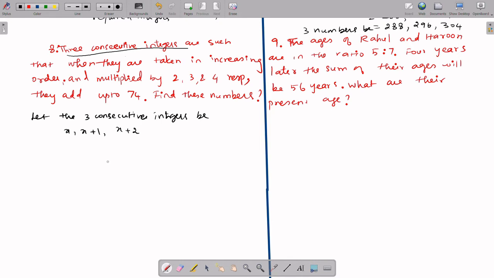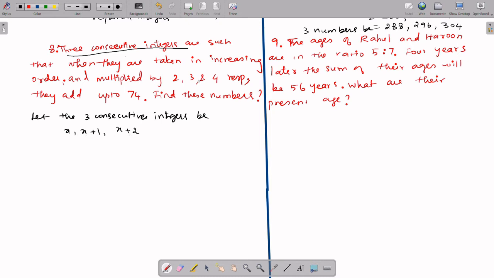And here, when they are taken in increasing order and multiplied by 2, 3, 4, you have to take x, x plus 1, x plus 2, and that is multiplied by 2, 3, 4.